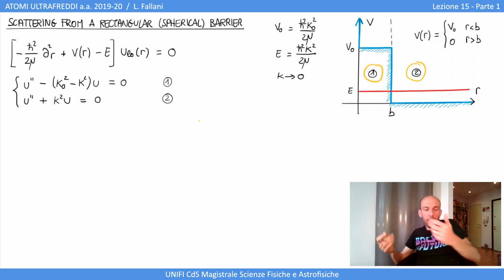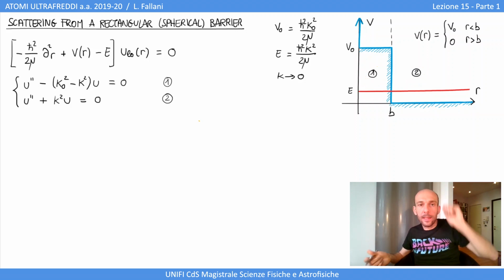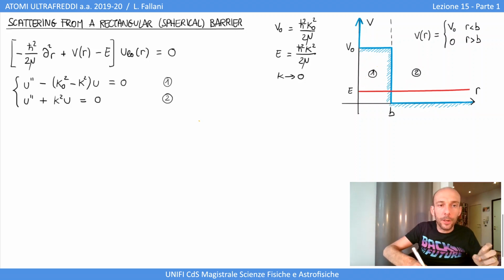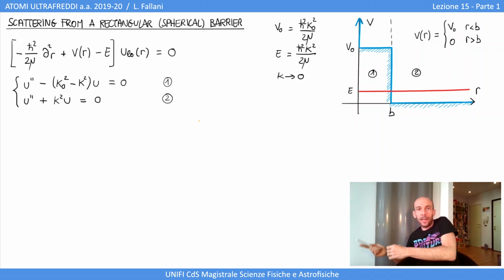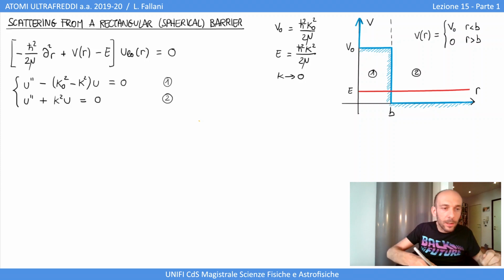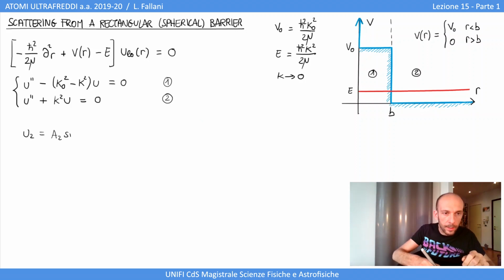And so let's write the two solutions, and let's start, for example, from region 2. And of course in region 2, the equation is that of a harmonic oscillator, and so the solution will be u2. We can write it as A2 sine kr plus B2 cosine of kr.